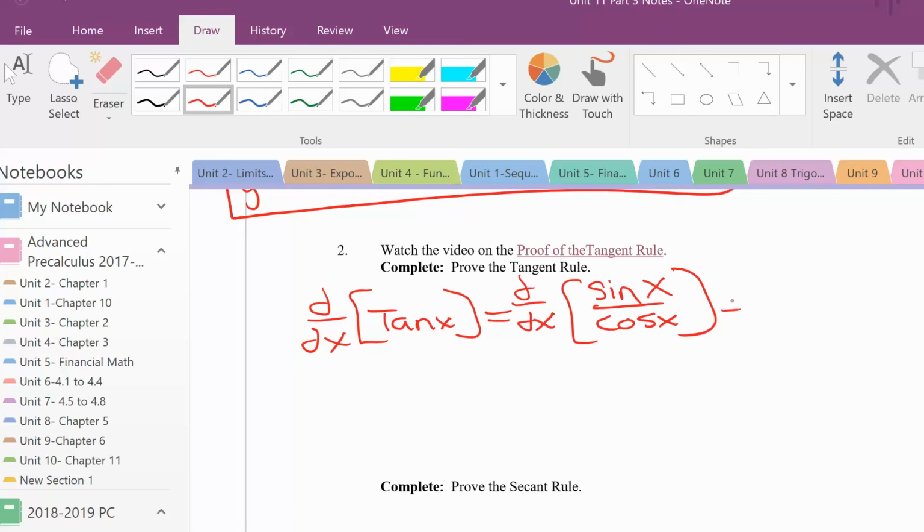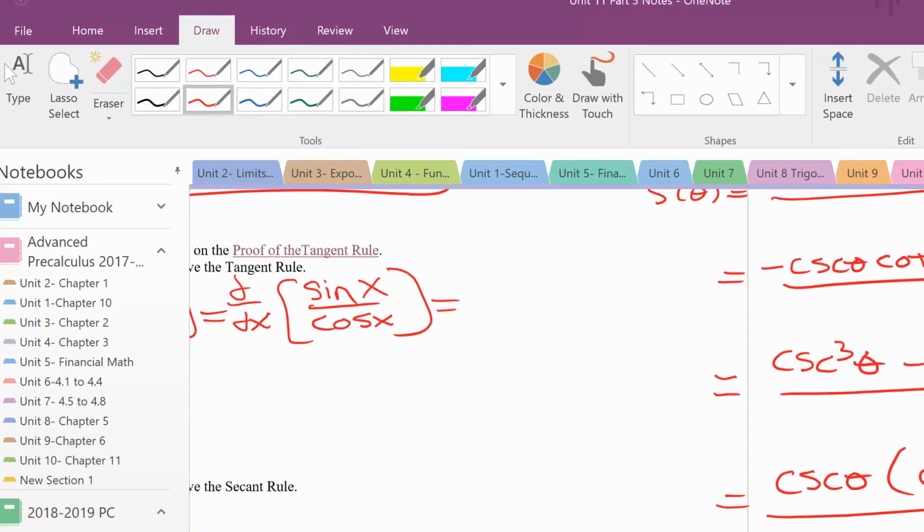So we're going to use the quotient rule, and we'll get, remember, it's g f prime, so g is cosine x, f prime is also cosine x, minus f g prime, so f is sine x, and the derivative of cosine x is negative sine x, all over g squared.